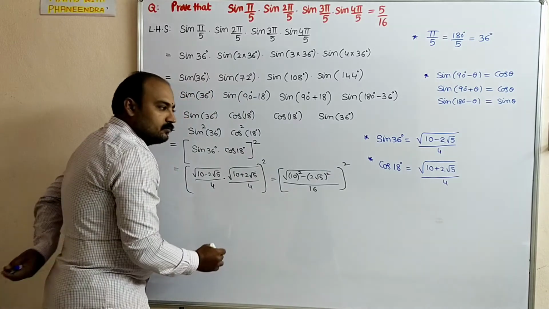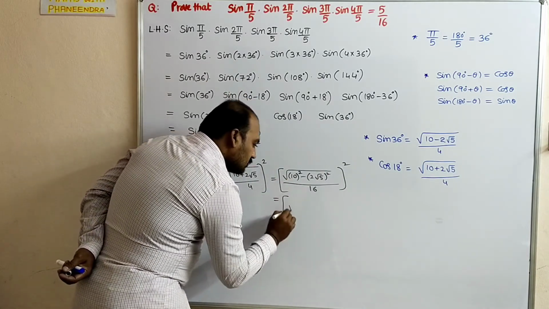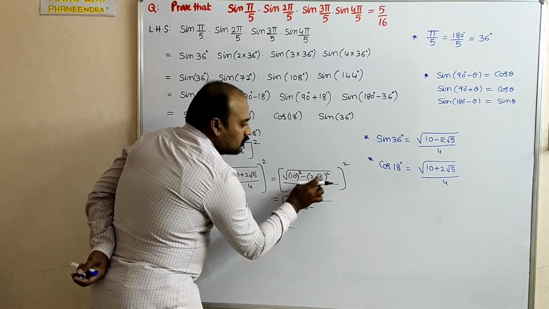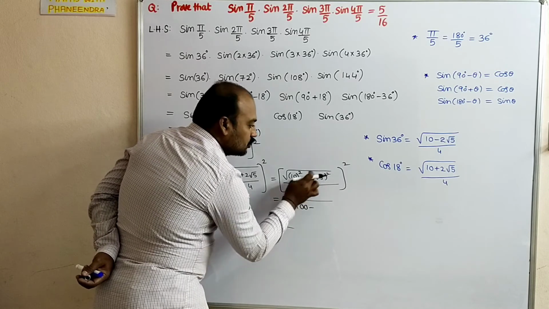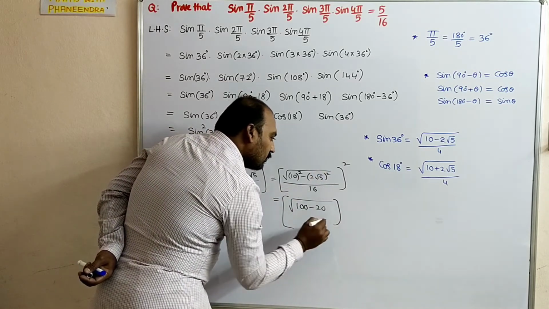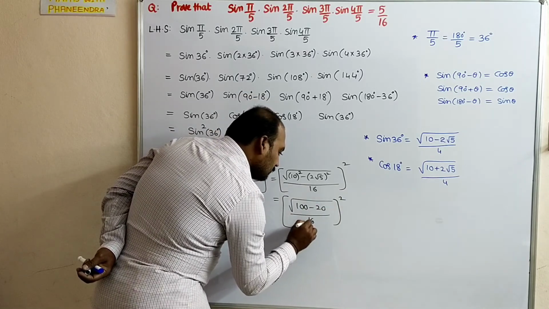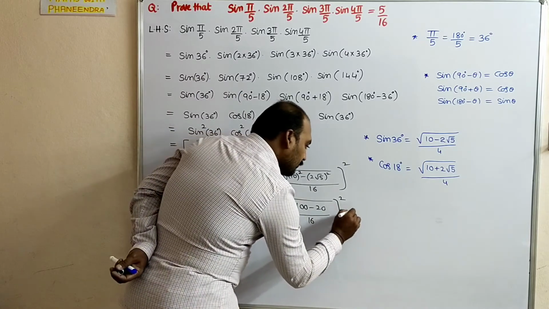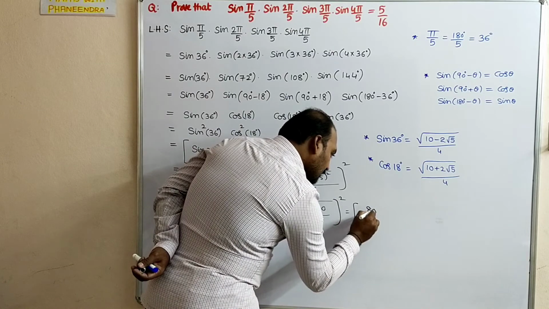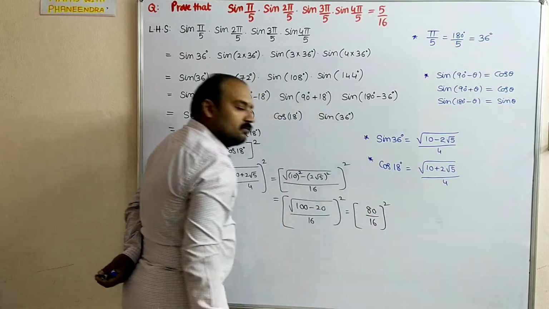Whole square, which is equal to square root of 100 minus 2 square into root 5 whole square. 2 square is 4, 4 into 5, 20. 80 whole square by 16, which is equal to root 80 whole square means 80 by 16 whole square.